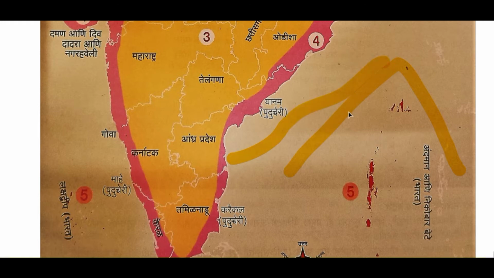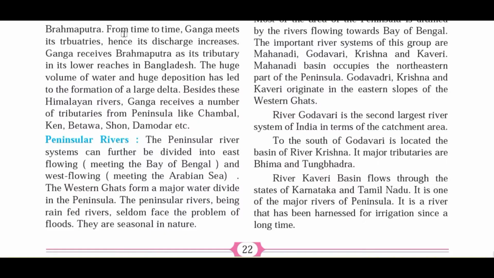The entire mountain range acts as a barrier between the valleys of these two rivers, and the edge of this mountain range is known as the water divide. So the topmost edge of the mountain range ridge is known as the water divide. So the Western Ghats, or the Sahyadri, act as a water divide.